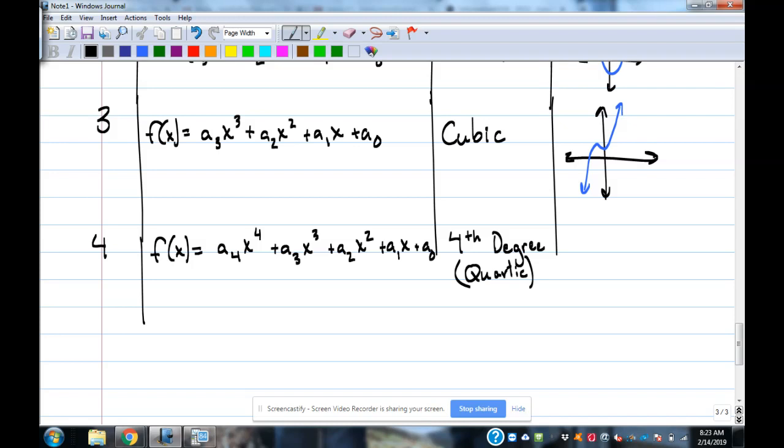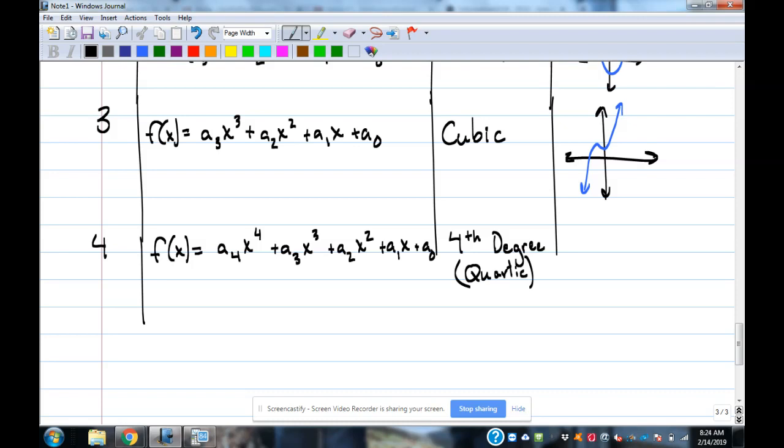Quartic is what it is sometimes called, but it's very seldom that you will hear anyone in modern mathematics call it that. Some of the old guys might, but most people up to date on nomenclature in math don't say quartic anymore. It's just 4th degree. And if we go higher, 5th degree, we just say 5th degree polynomial. Technically, the old folks would call it quintic polynomial, but we just don't do that anymore. Anything higher than cubic, we just name by the degree number.